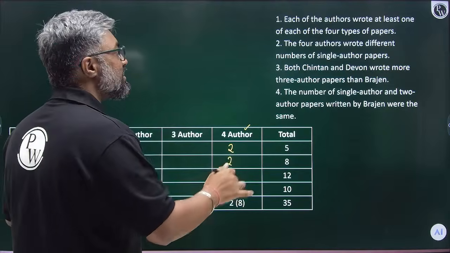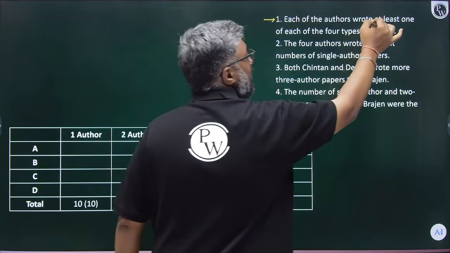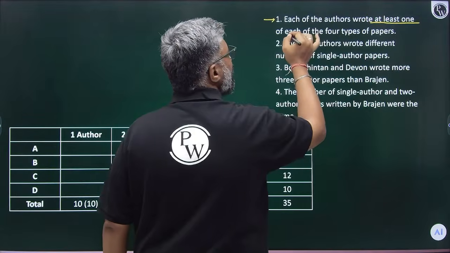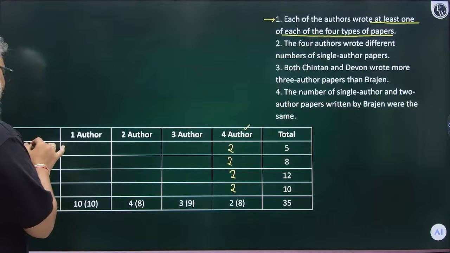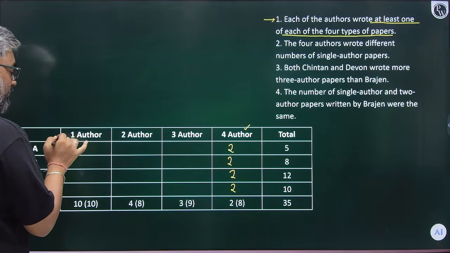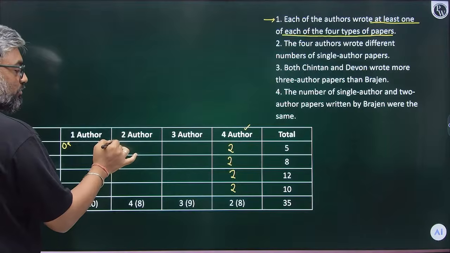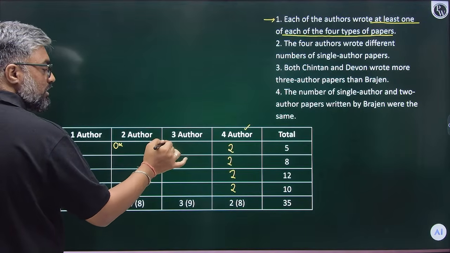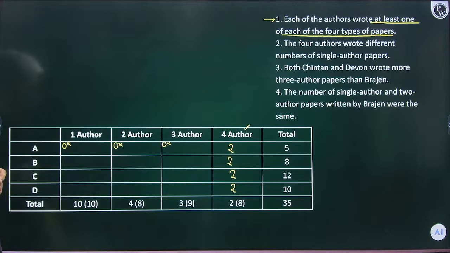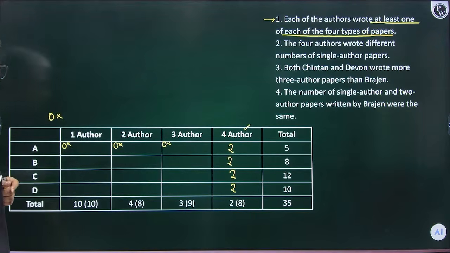Now, the first condition says, each of the authors wrote at least one of each of the 4 types of papers. That means A's contribution in 1 author paper can be 0? No. A's contribution in 2 author paper can be 0? No. A's contribution in 3 author paper can be 0? No. That means none of these values can be 0.